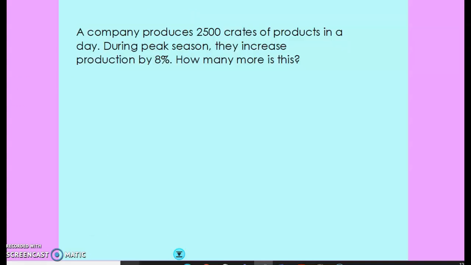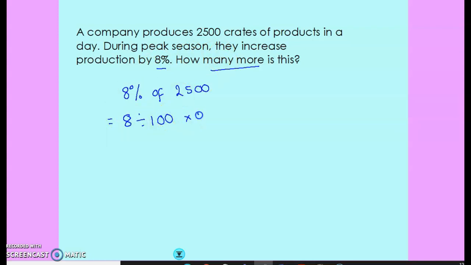Okay, let's have a look at this one. A company produces 2,500 crates of products. During peak season, they increase production by 8%. How many more is this? So we want to find 8% of 2,500. Percent doesn't change just because we were asked to work out a question rather than just a percentage.